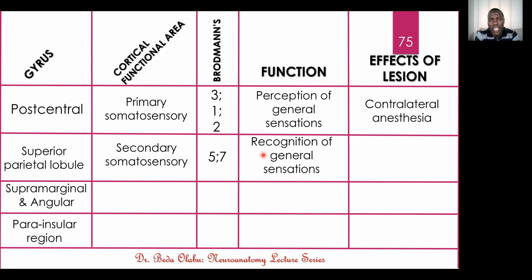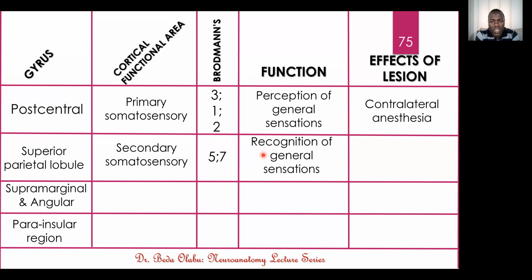Now, you need to understand the difference between perception of a sensation, which is the role of a primary region, and recognition of a sensation, which is the role of a secondary region. It doesn't matter which type of sensation. Any sensory cortex, not necessarily somatosensory, whether the sensation is spatial or general, will have a primary region for perception and a secondary region for recognition.